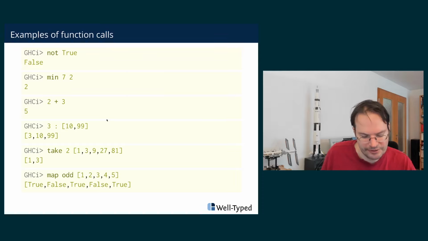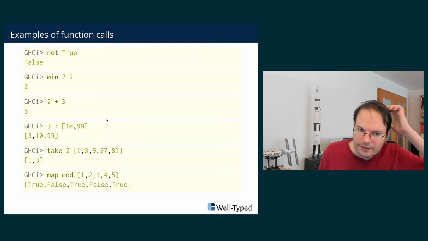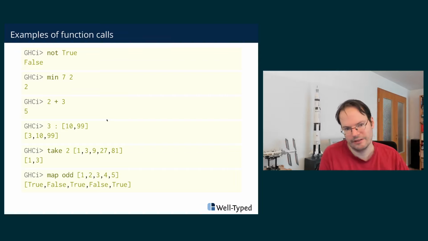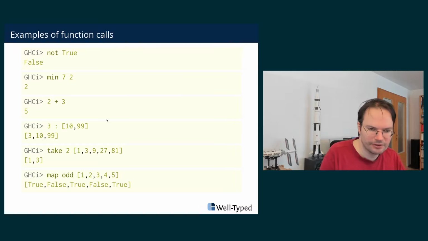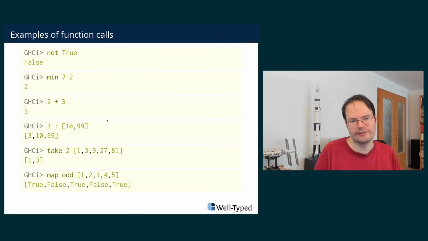Whether something has a symbolic name or an alphanumeric name is just a syntactic choice. Both are functions. So there is no concept of operators being built in, or there being a limited number or a fixed number of operators. Symbolic operators are defined just like functions.